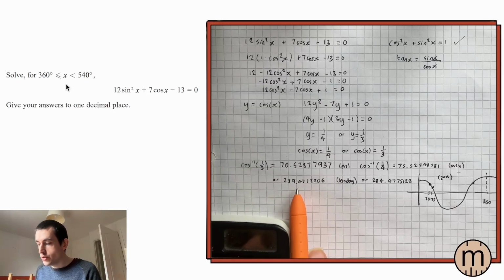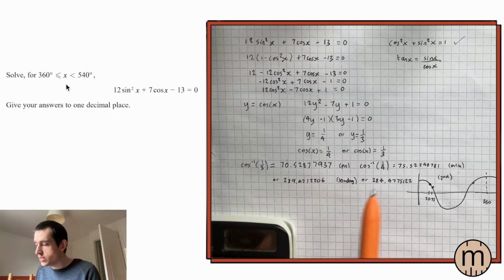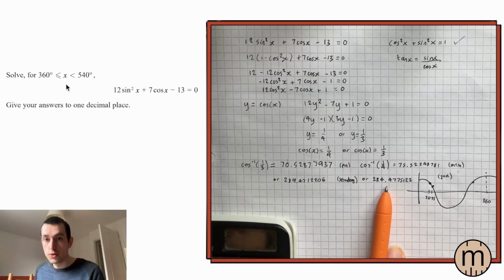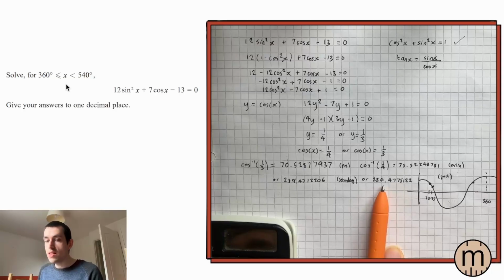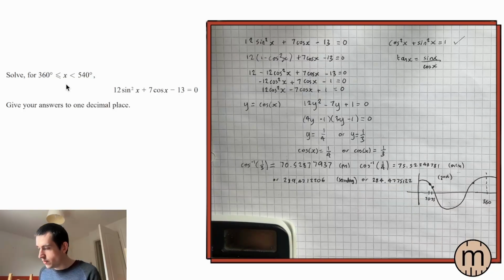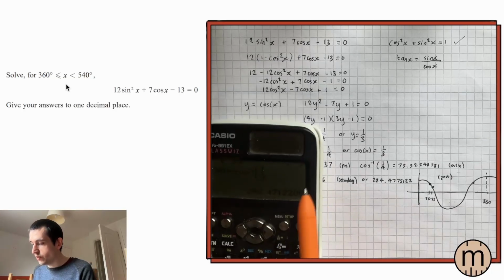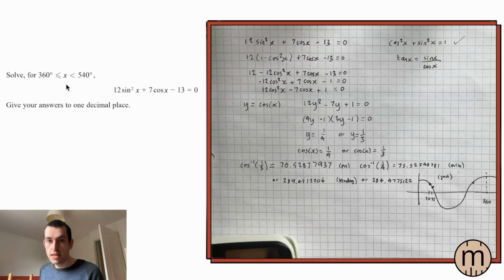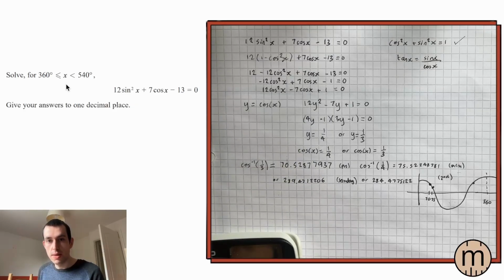Then you take 289, adding and adding 360 until you've got all the answers in the range. And you do the same thing for 75. Then you do the same thing for 284. It may be that there is no solution in the range. For example, if I take 289.4 and then add on 360, that's too big. But that's where the solutions come from in, say, another question, perhaps when the range is a bit bigger.